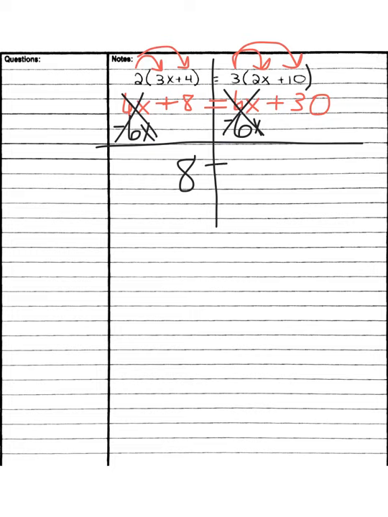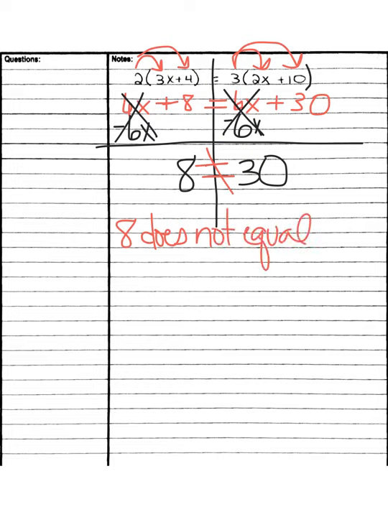I still have an equals in the middle of that line. And on the right-hand side, I have a 30. Is that a true statement? No, that is not equal. That is not a true statement. 8 does not equal 30.